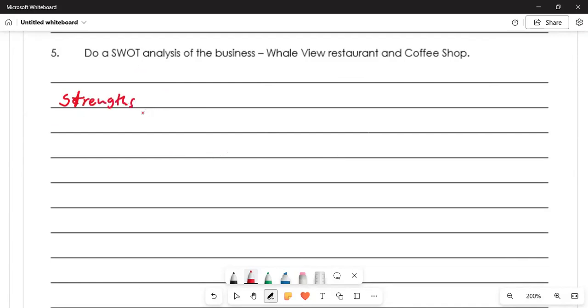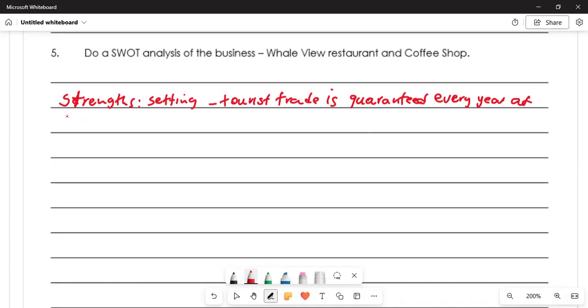The strength is the setting. If we read the case that you get, tourist traffic is guaranteed every year at the whale season.